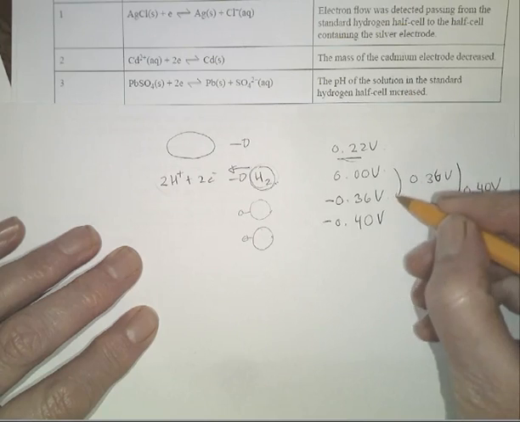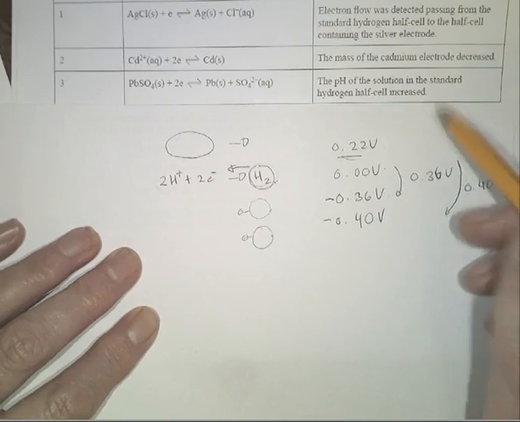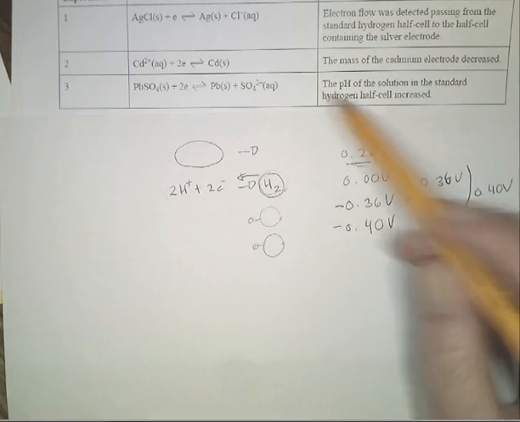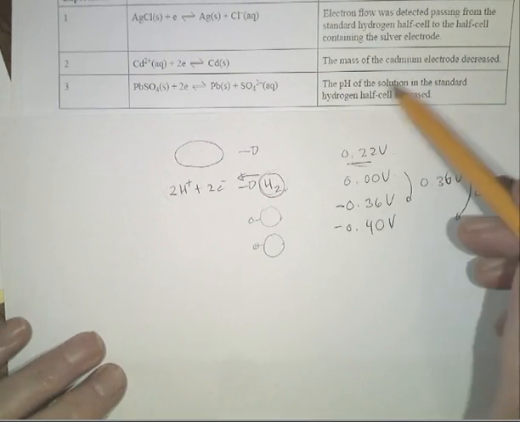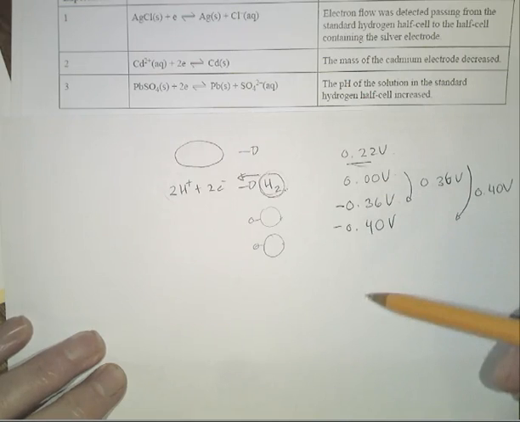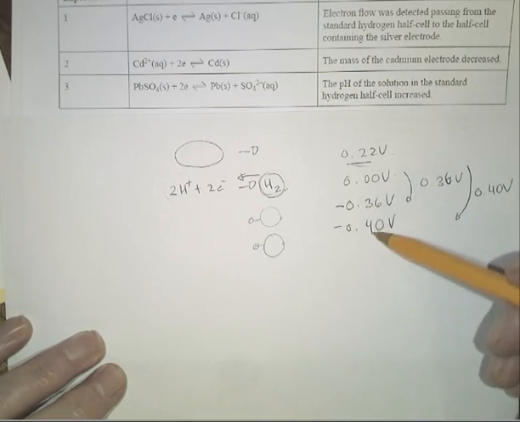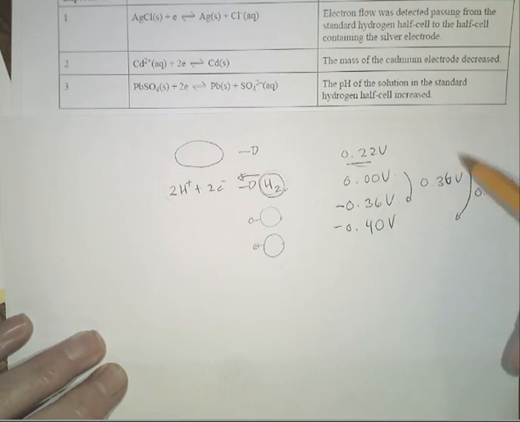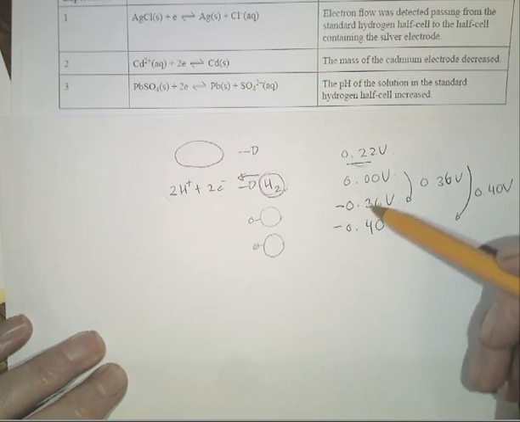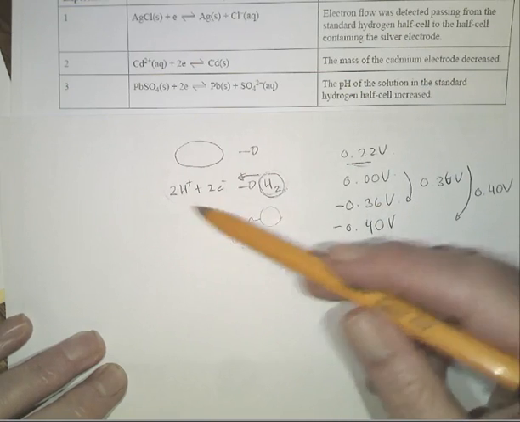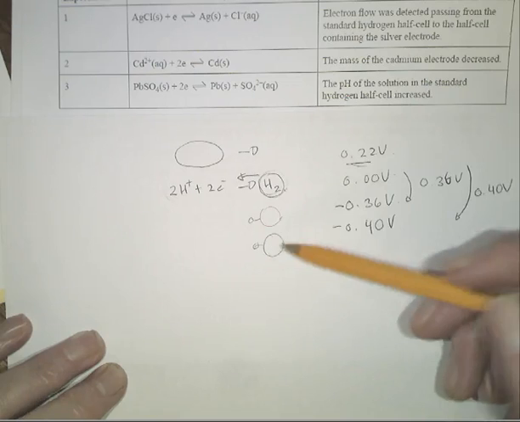So if you measured the voltages, you would be able to work out which one is correct, but they've got no information about the voltages. So the only way that you could work it out is if you put the two of them together. In that case, this one would get the electrons and this one would give them up.